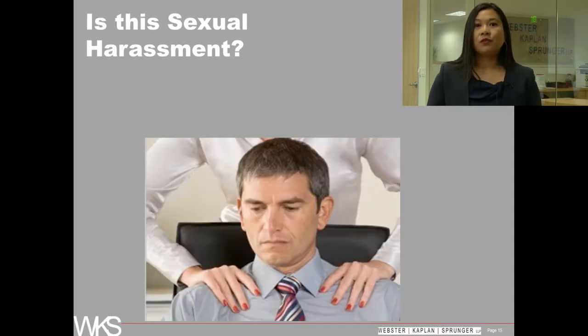So in order for us to really dissect what those elements mean in both federal law and state law, let's take a look at some hypotheticals to get our minds thinking as to what it truly means when we're talking about sexual harassment. Even though it's certainly in the news and we know the term and hear about it pretty often, it's not as easy to define when we're talking about very specific, detailed scenarios. So let's take a look at these hypotheticals.